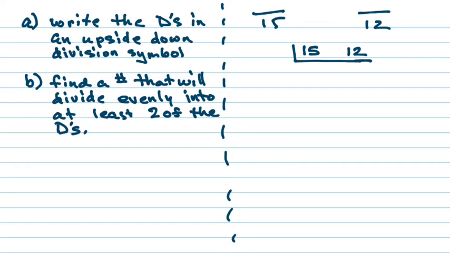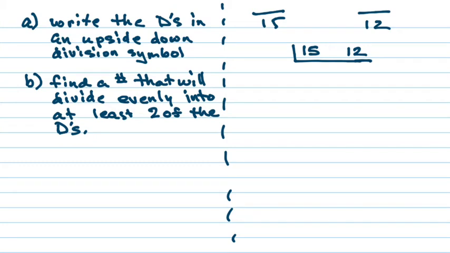Now, in this case, I only have 2. But this method would work if you had 3 or 5 or 20. Doesn't matter. That's never going to happen, so don't panic. But you could easily have 3. We will frequently have 3. So as long as something will divide evenly into at least 2 of them, then you're good to go. But if something doesn't divide into at least 2 of them, then you don't worry about it.